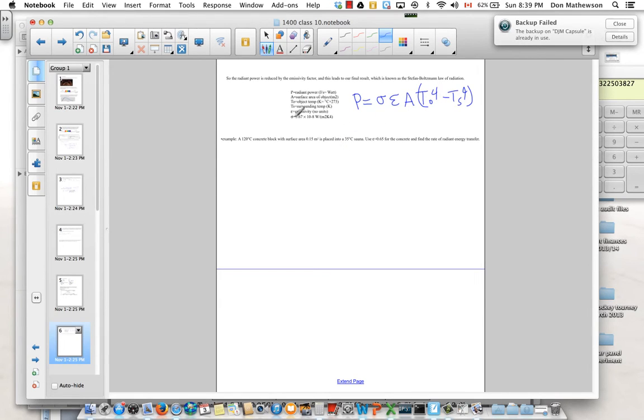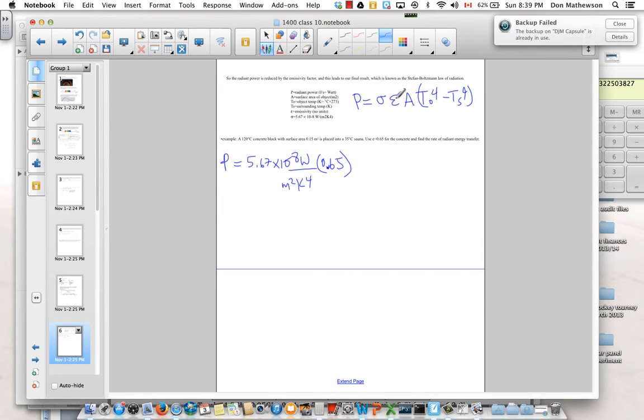So as an example of how to use that law, we'll put a hot concrete block in a sauna, and let's find the net rate of radiant energy transfer. By Stefan's law, that's going to be the constant, 5.67 times 10 to the negative 8 watts per meter squared Kelvin to the fourth. The emissivity constant is given as 0.65.